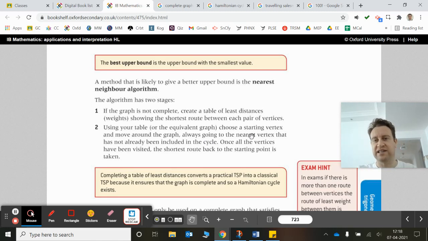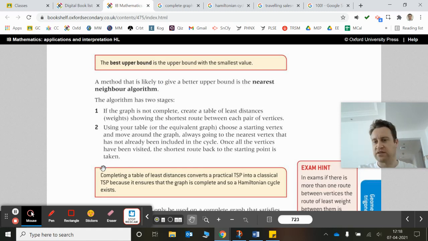So the nearest vertex has not already been included in the cycle. Once all the vertices have been visited, the shortest route back to the starting point is taken. Now potentially the shortest route back is this huge, vast distance for that last option, and suddenly you have a terrible upper bound. But it doesn't ask us to repeat this, in fact.